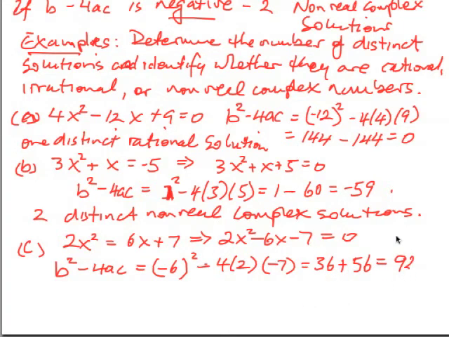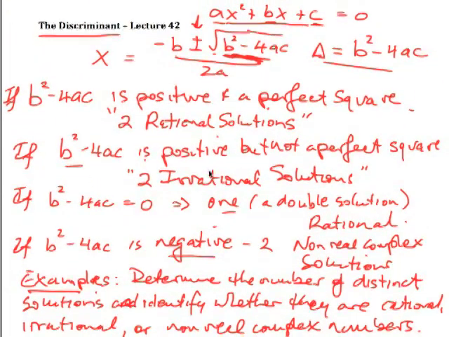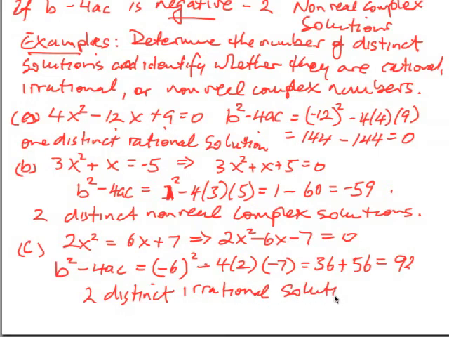Alright, now 92 is positive, but not a perfect square. So that's the case up here, and so we're going to have 2 distinct irrational solutions. And that's how we use the discriminant to determine or identify the kinds of solutions that the quadratic equation will have.